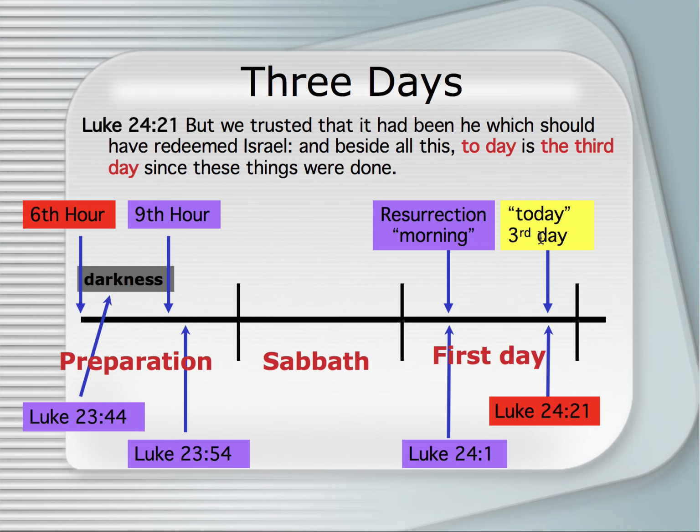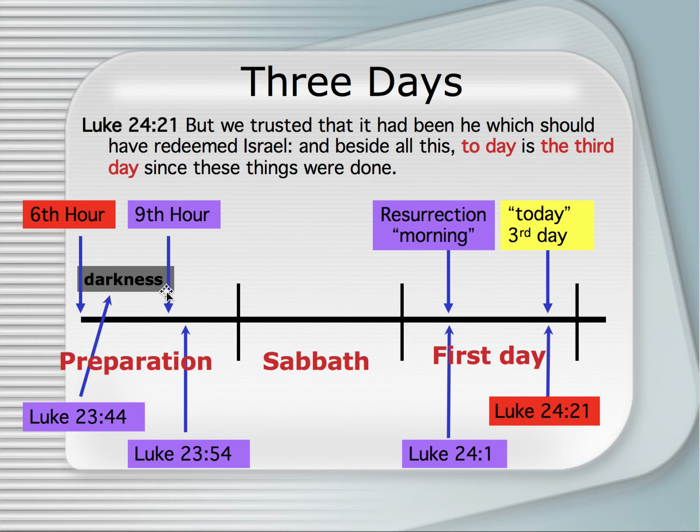So if today near sunset is the 3rd day, then we've just seen from the Cornelius account and Luke's description, and of course it's Luke who's describing this journey to Emmaus and quoting the disciples, then 3 days is parts of 3 days. 1, 2, 3.